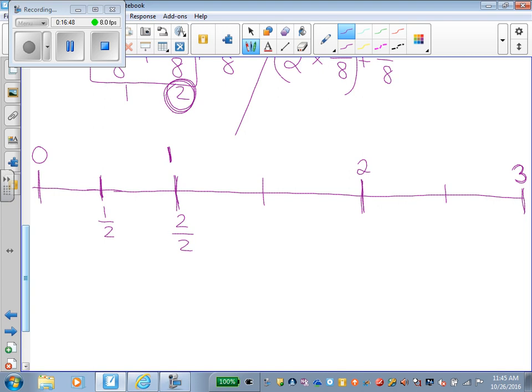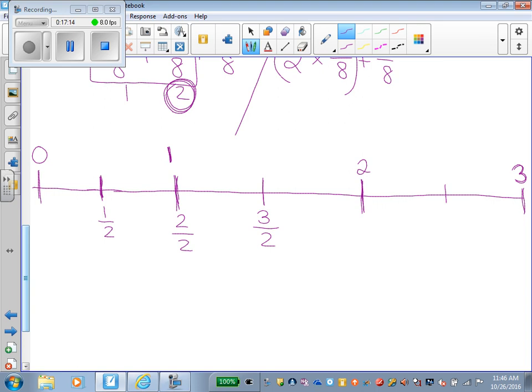Emma. Nope, not just a half. Think about it in terms of every line. So we're going in consecutive order here. 3/2. This is the third line, and our number line is divided in halves.